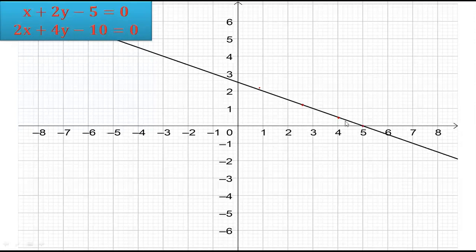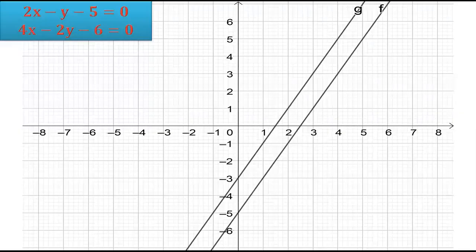These are all the common points. And each point is a common point for both the lines. So if the lines coincide with each other, then the pair of linear equations has many solutions. The points which are common to both the lines are the solutions for the pair of linear equations.